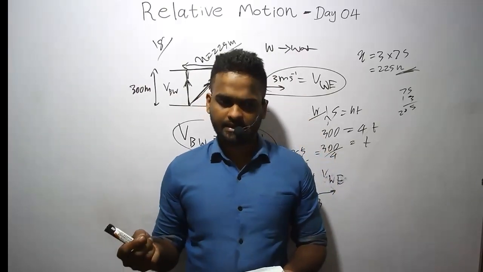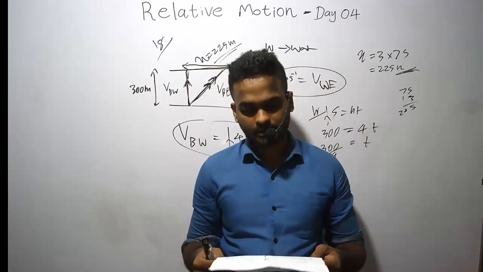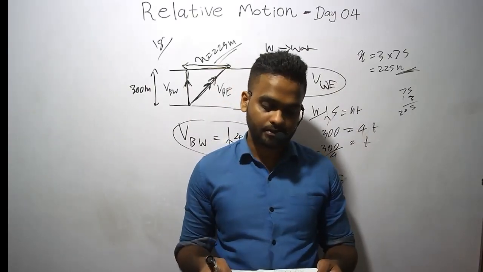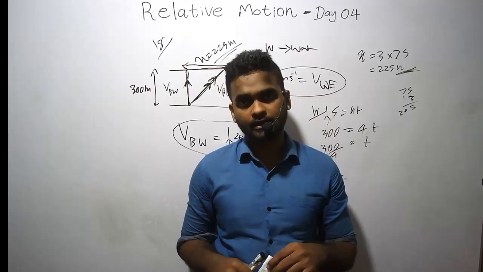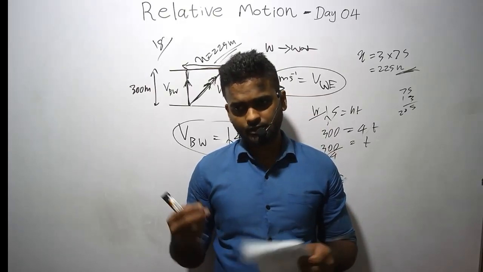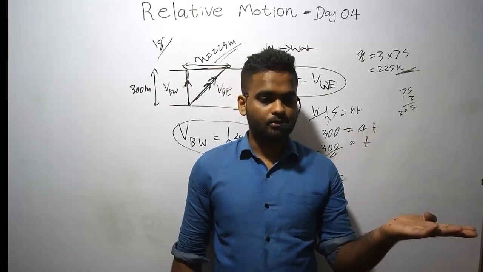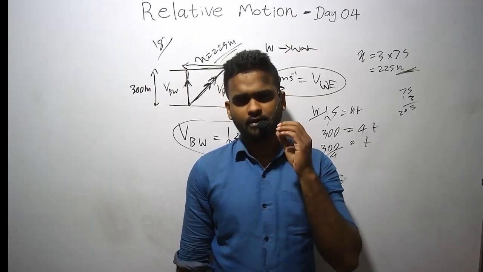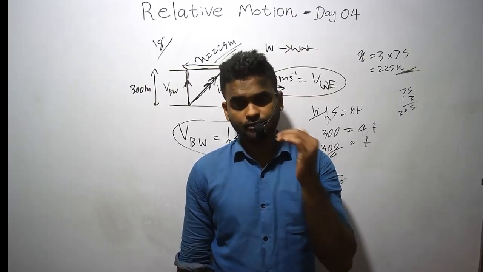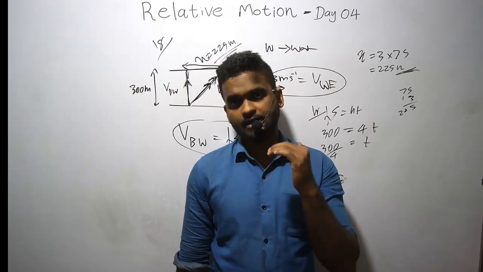If you haven't done that test, you can try that, and you can enhance your knowledge on relative motion further. I think now you have a deep understanding of relative motion. Up to now we have talked about projectile motion and relative motion. If you followed clearly, you have an excellent understanding of these concepts.